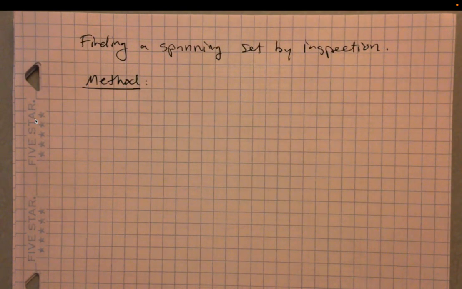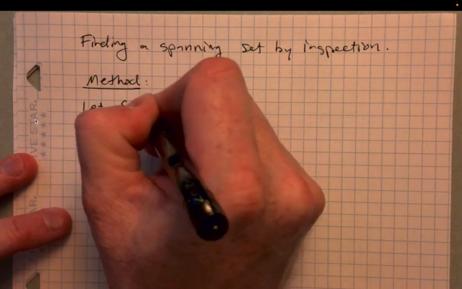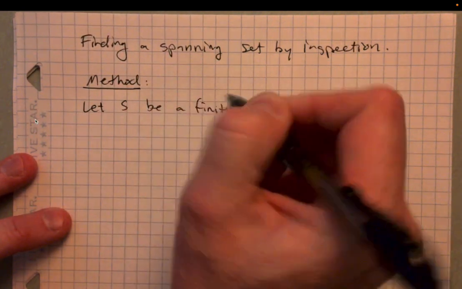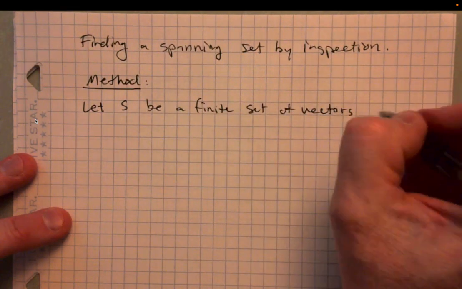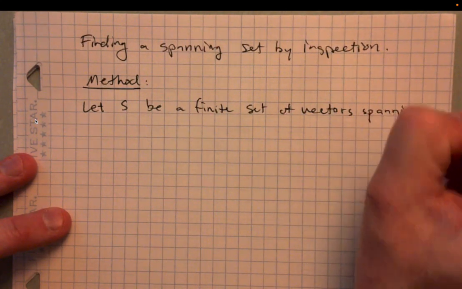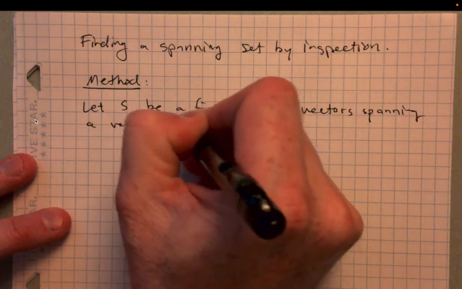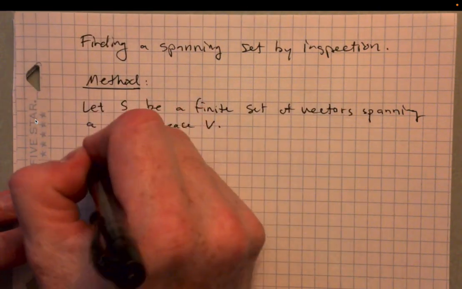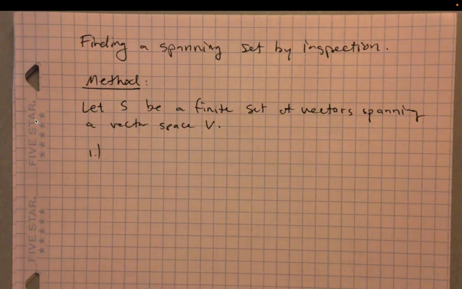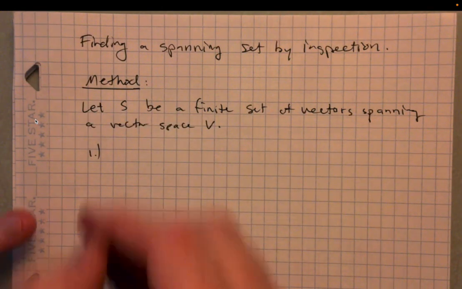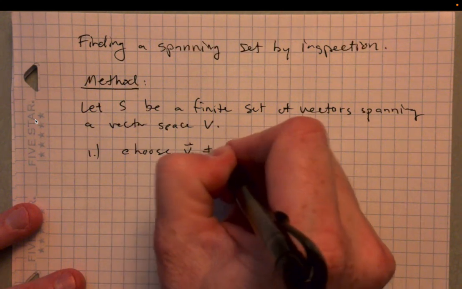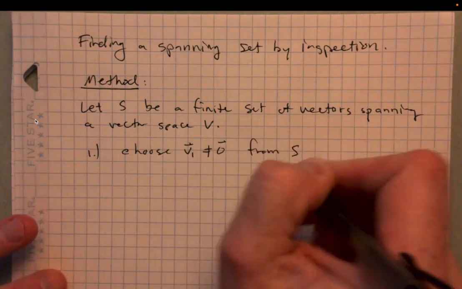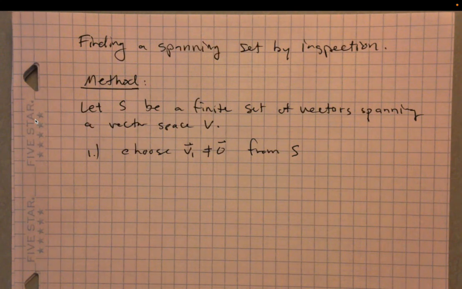So we're going to let S be a finite set of vectors spanning a vector space V. The first thing we want to do is choose V1 that's non-zero from S. So we choose a vector, call it V1, that's not equal to the 0 vector from S. That's just the start.